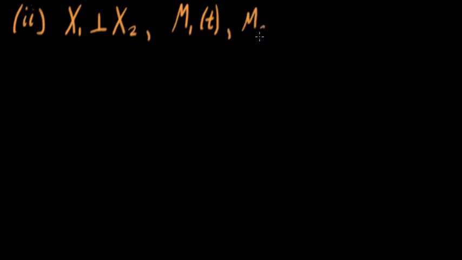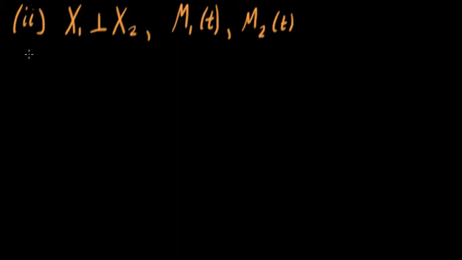So we say we have 2 independent variables, x1 and x2, with this little orthogonal sign as a shorthand that they're independent, and they have respective moment generating functions m1 of t and m2 of t. So m1 of t is the moment generating function for this one, m2 of t is the moment generating function for this one.